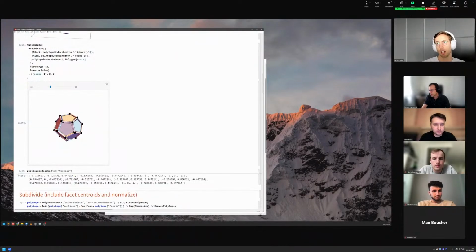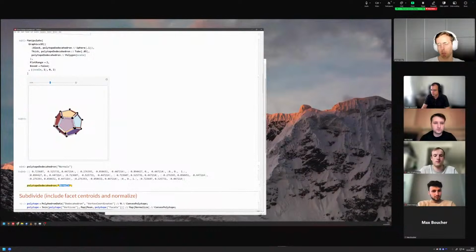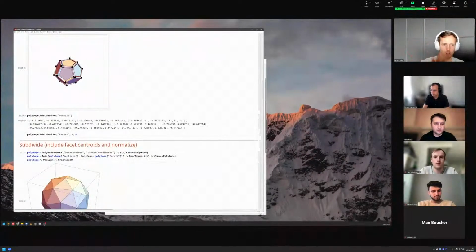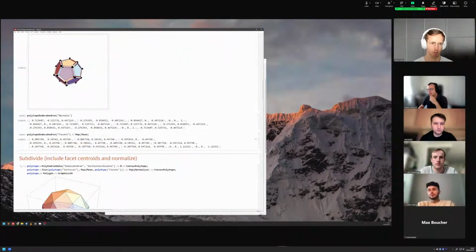So if I could output the vertices that give a specific polytope, let's say there's an input space that is a collection of specific points in a three-dimensional space. Given those points, you can construct this. You can construct any polytope, even if they're weird and not symmetrical. Yeah.